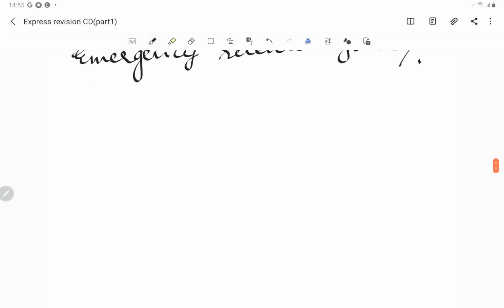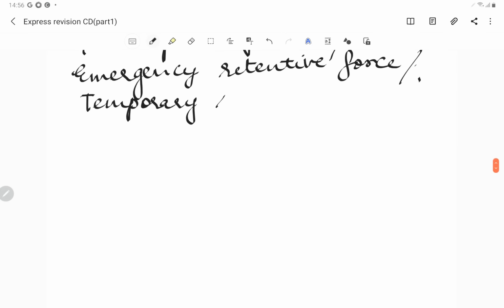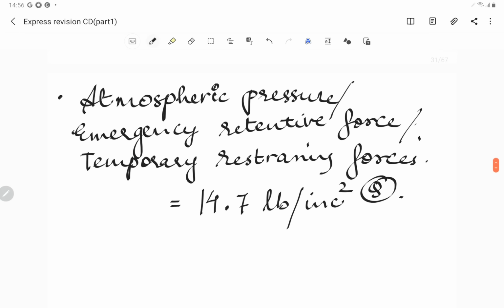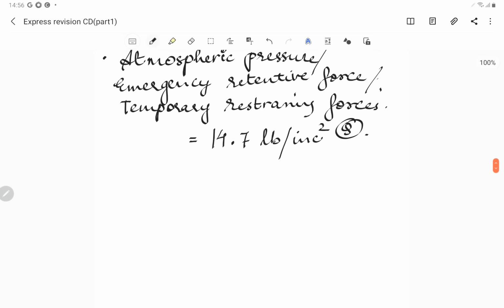Or the temporary restraining forces. So this is 14.7 lb per square inch, right? Very important. This has been asked a couple of times in different exams. So the atmospheric pressure is 14.7 lb per square inch.